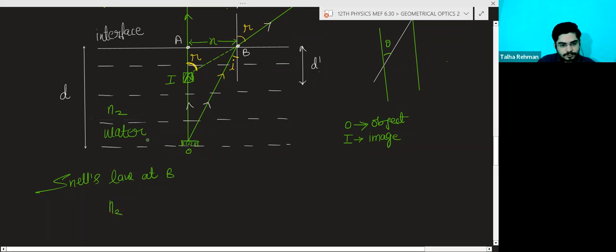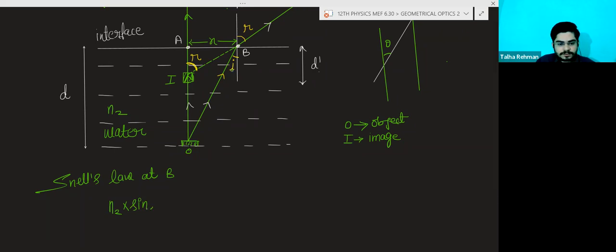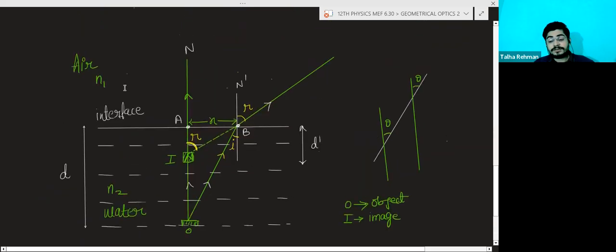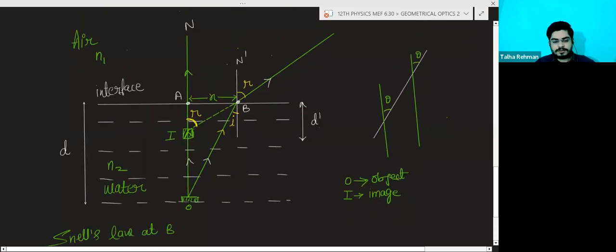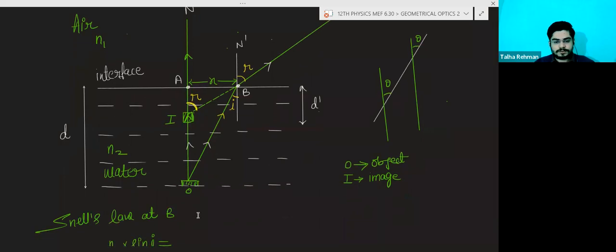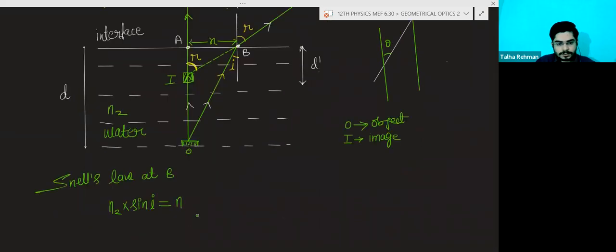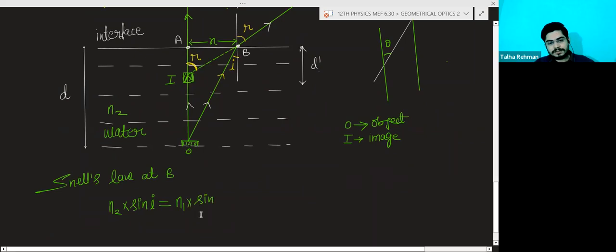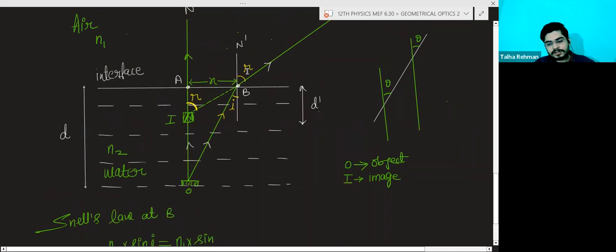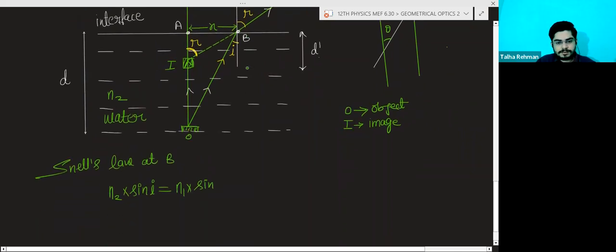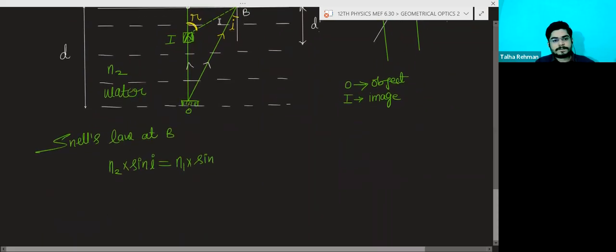So you will write N2 and multiply it with the sine of the angle with normal. What is the sine of angle with normal? Sine i is equal to, what is the refractive index of the other medium? N1, multiplied by the sine of the angle with normal, which in the other medium is r.